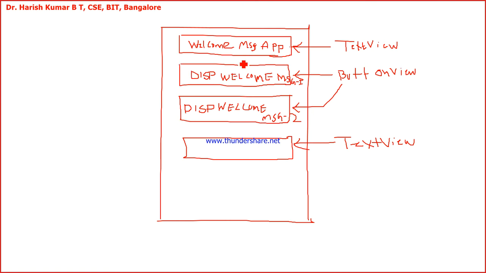Now before doing all these things, we have to define the layout. So Android supports 3 types of layout. One is linear layout, and this is the first layout supported by the Android operating system, and it comes with 2 orientations: one is vertical orientation and another one is horizontal orientation.